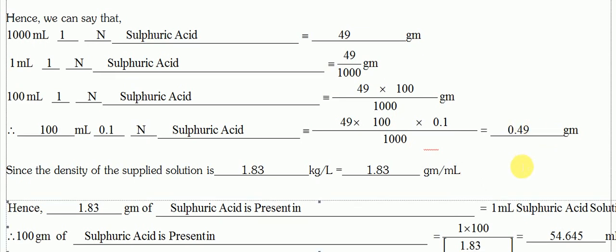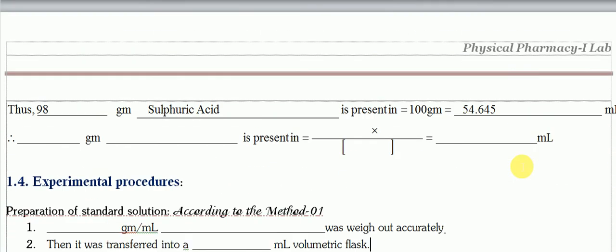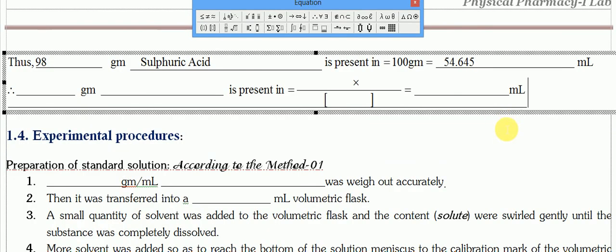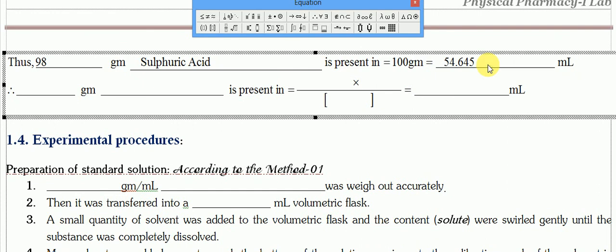For this calculation we have already converted gram into ml, and found that 100 gram of sulfuric acid is equivalent to 54.654 ml. Since sulfuric acid is 98% pure, 98 gram sulfuric acid is present in 100 gram sulfuric acid, and 100 gram sulfuric acid is equal to 54.654 ml sulfuric acid.